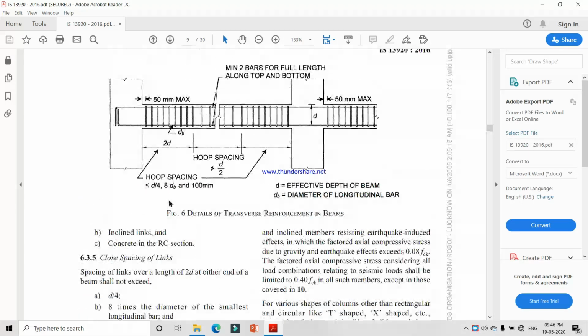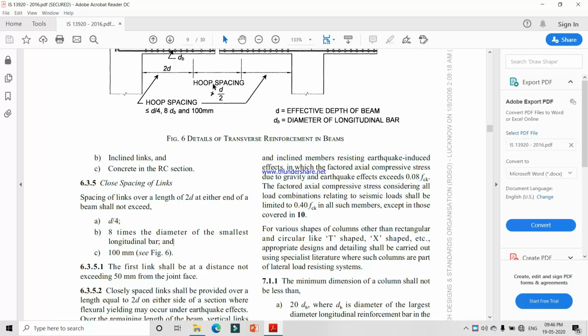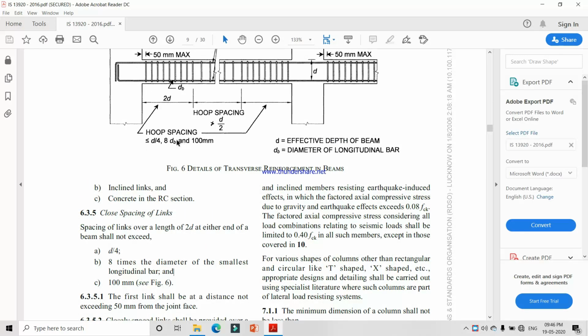These are the close spacing of link criteria: d by 4, 8 times minimum diameter and 100 mm. From this spacing, the spacing of the stirrups or vertical links is increased.